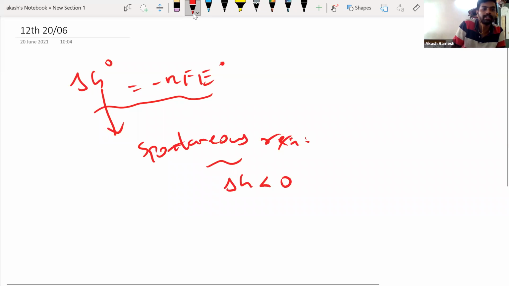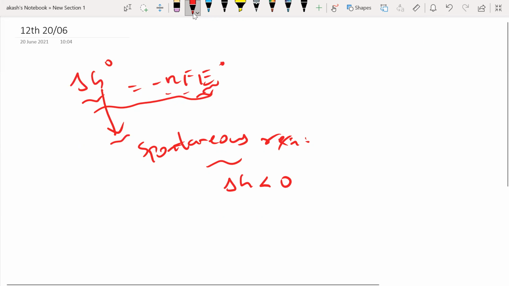Now, if you look at the equation here, if I want, say, for example, any particular oxidation reaction or reduction reaction, whatever I have, if I want delta G to be negative, how should be the value of E naught? From the equation, can you tell me? Positive. These two are constants.